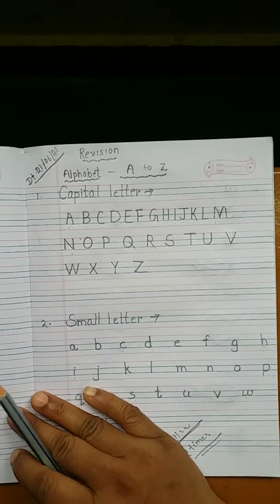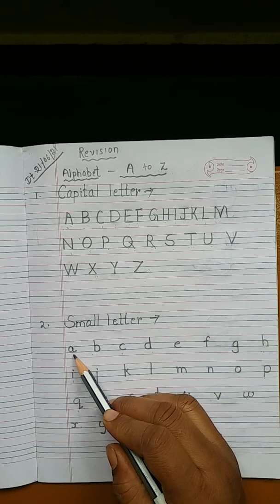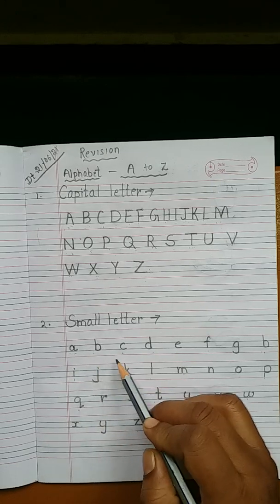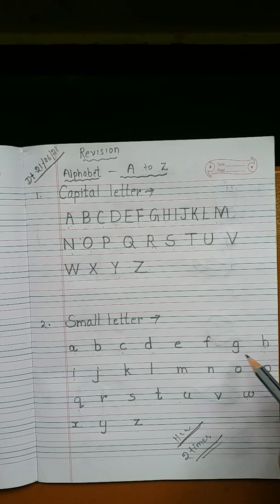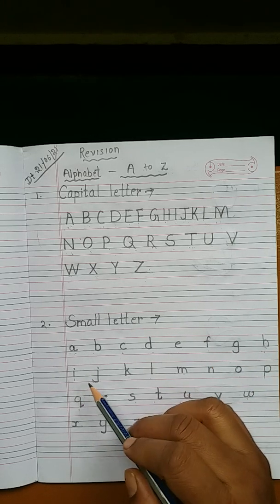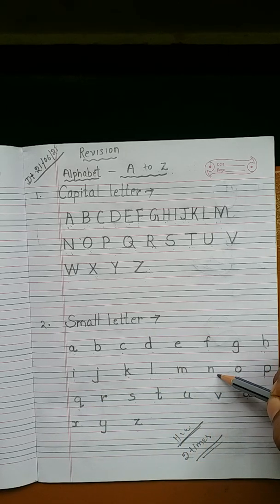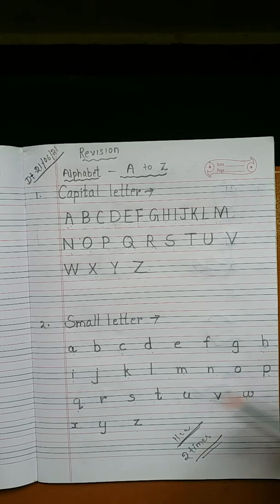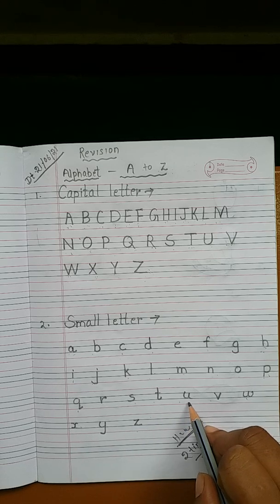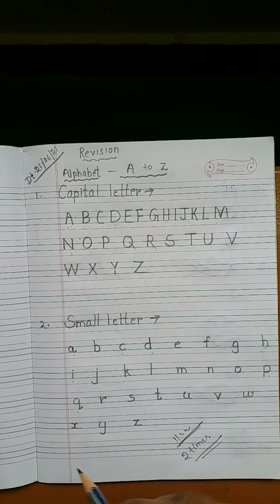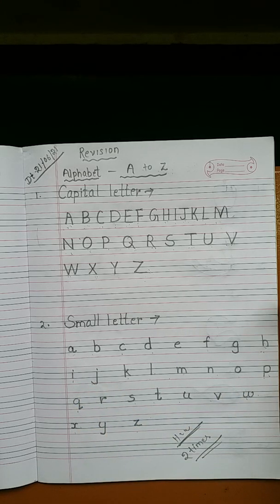Let's read the small letters. These are small letters. Okay, this is small letter A, B, C, D, E, F, G, H, I, J, K, L, M, N, O, P, Q, R, S, T, U, V, W, X, Y, Z. These are small letters.